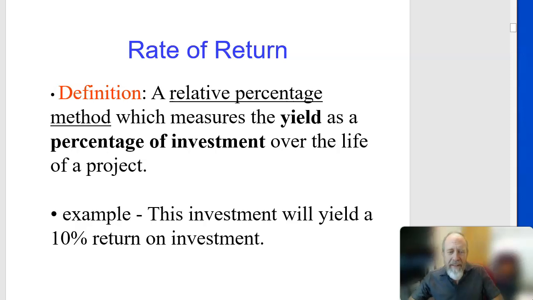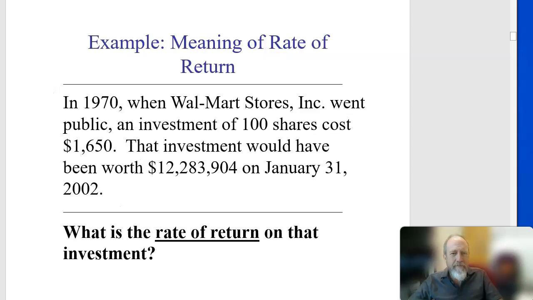It's a lot easier than saying I'm going to get $17,000 of present worth, because most people have no idea what present worth is. But most people understand I'm going to get a 10% return on this. It's the same thing as the other two, only this time we're solving for I, the interest rate.